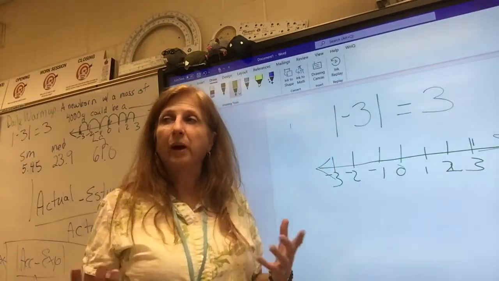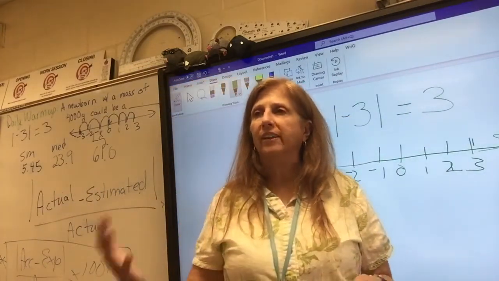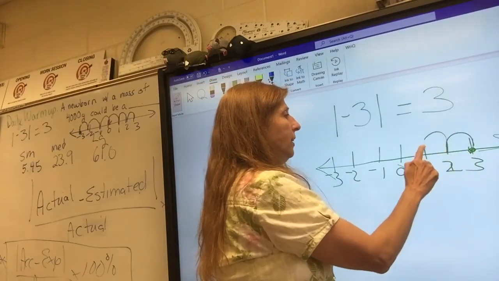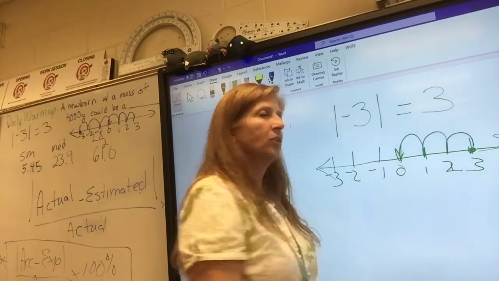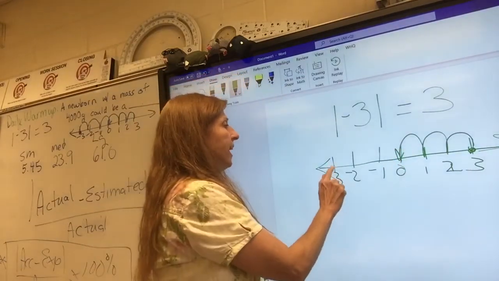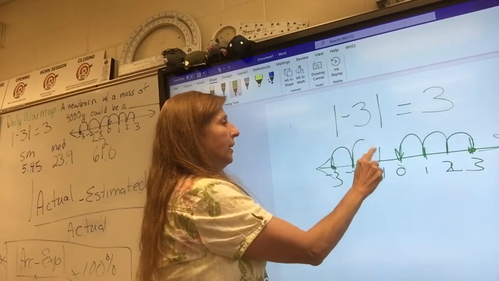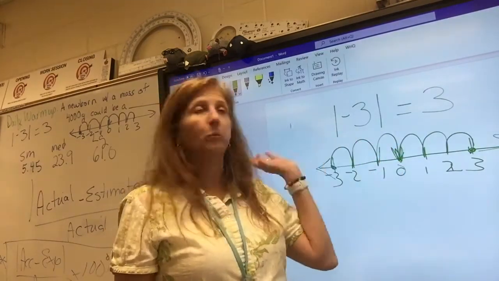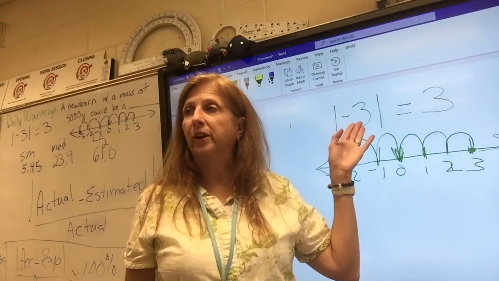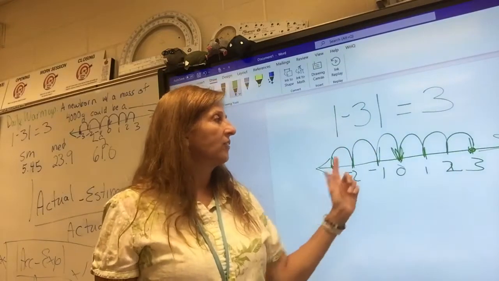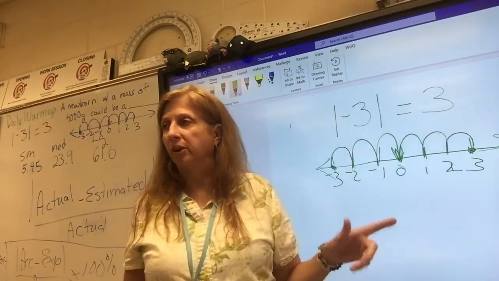The more correct way is how far is it to the origin? So if I start off at 3, it's 1, 2, 3 hops to the origin. Does that make sense? And if I start at -3, it's 1, 2, 3 hops to the origin. Either way, whether it's the absolute value of 3 or the absolute value of -3, the answer is 3 because that's how far it is to the origin.